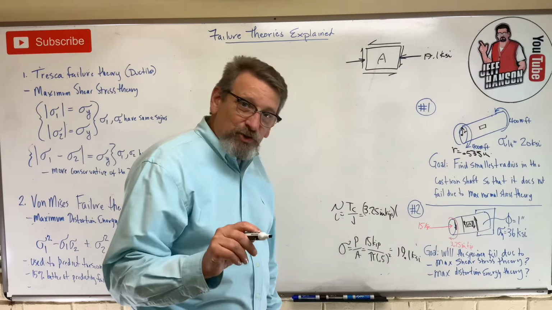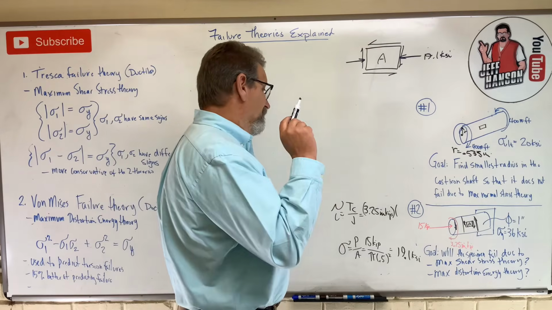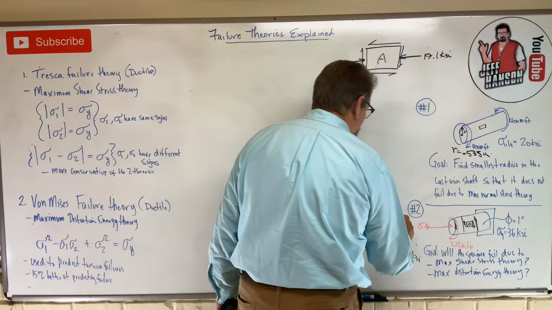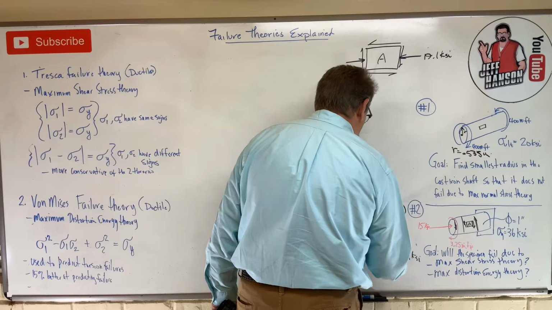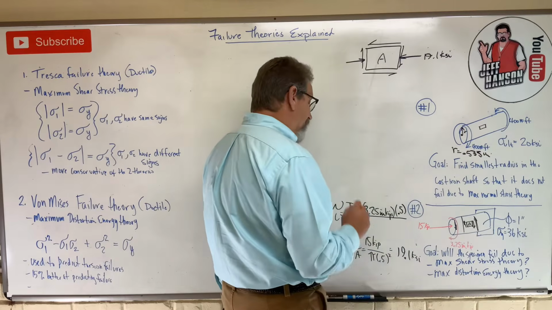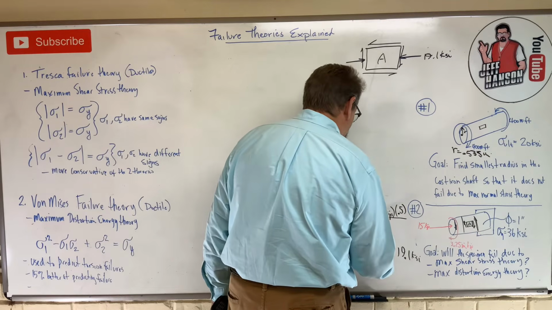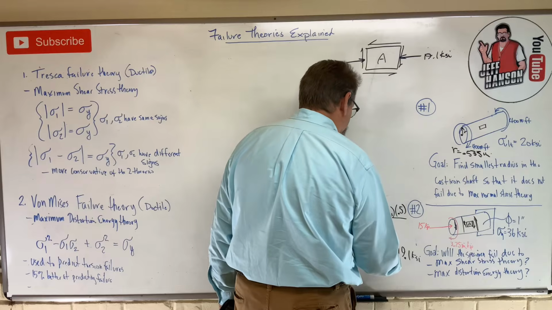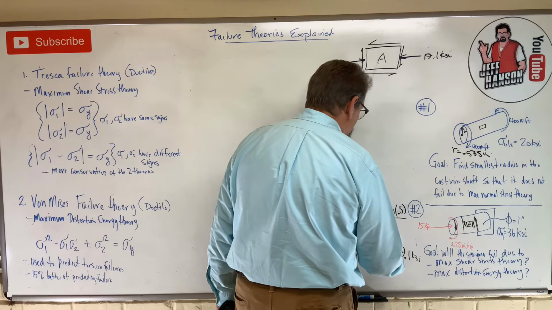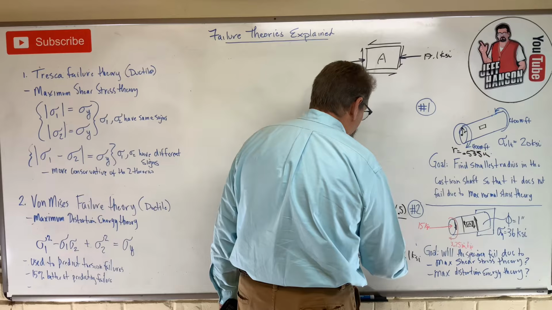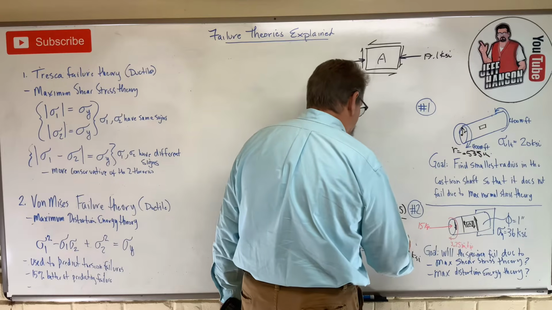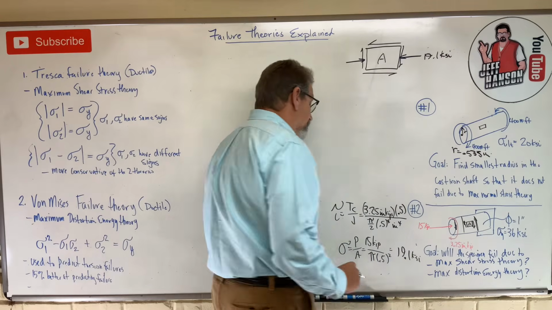The distance from the neutral axis to the outside of the part. That's 0.5, divided by J, which is pi over 2 times r to the fourth, in inches to the fourth.